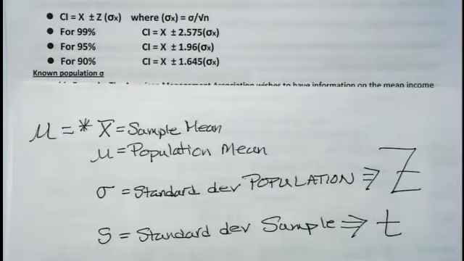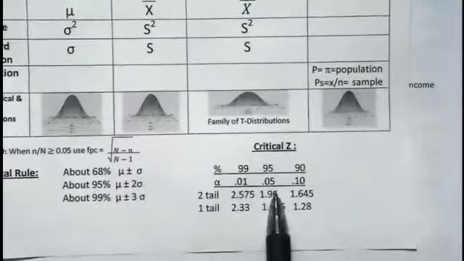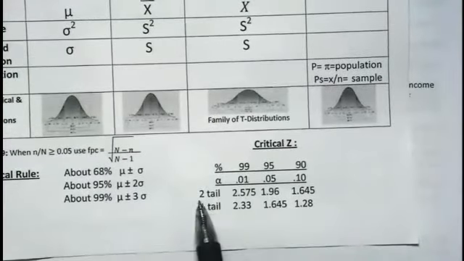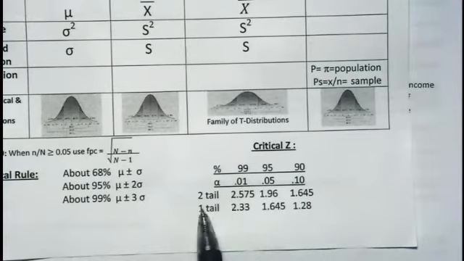Now, when we go to the Z, I have summarized those for you. I have summarized in my chart at the bottom the critical Z's. In Chapter 9, we will only use two-tail.